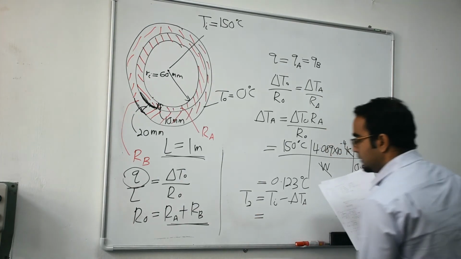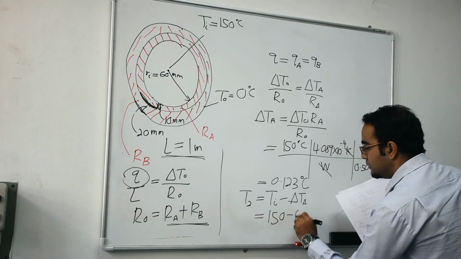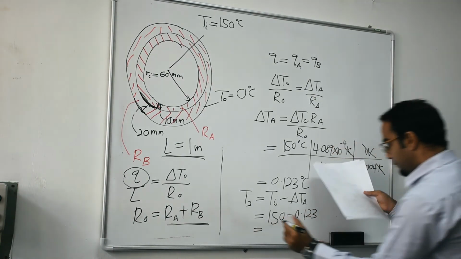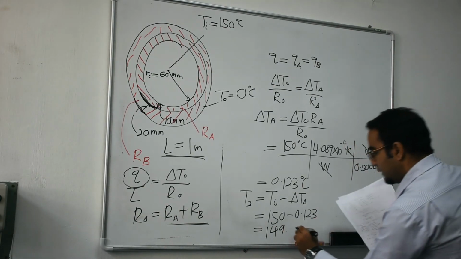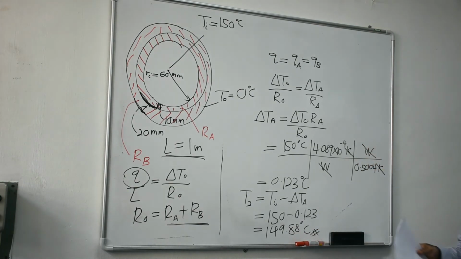So delta T inside is going to be 150 minus our 0.123, and we'll get a value of 149.88 degrees Celsius. So that is the final answer.